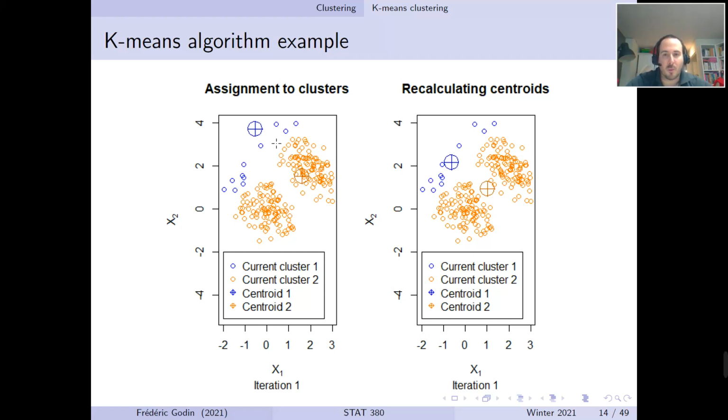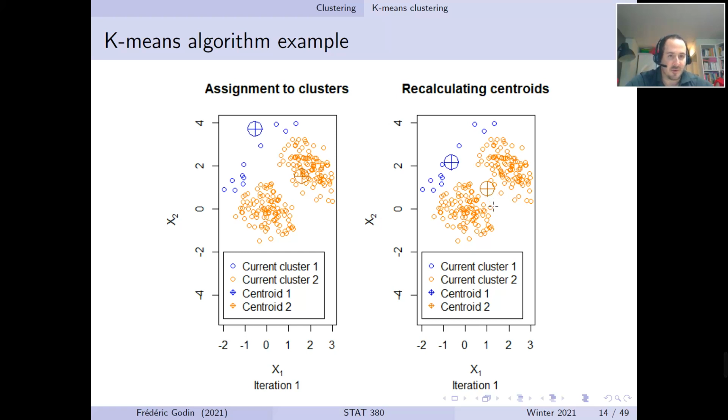And then the next step involves recalculating centroids. If you pick all the points here, you can take their sample average to get the centroid, which is there. For the second cluster, if you average all these points, the average was there.